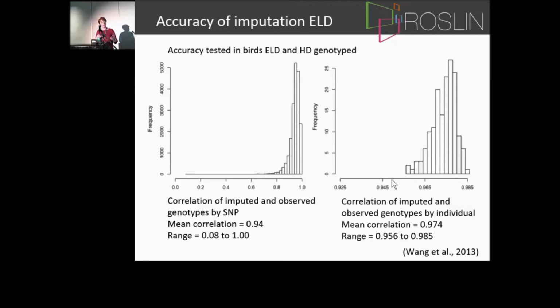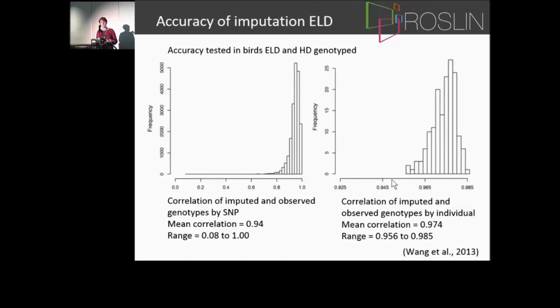So we had a data set where we genotyped at two different low densities, one being 377 markers and the other 766 markers. We also had high density genotypes on these individuals, and we were able to compare the true genotype with the imputed genotype.